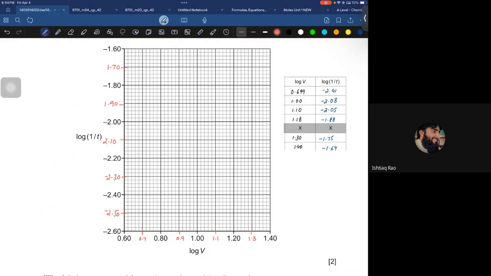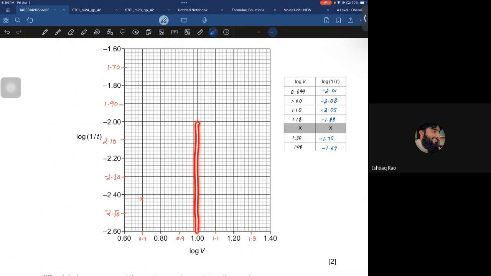So 2.41 would be somehow over there. It's 2.41, so this is my first point. Then we have the next point, that is at 1, negative 2.08. At 1 is this, to 2.08.